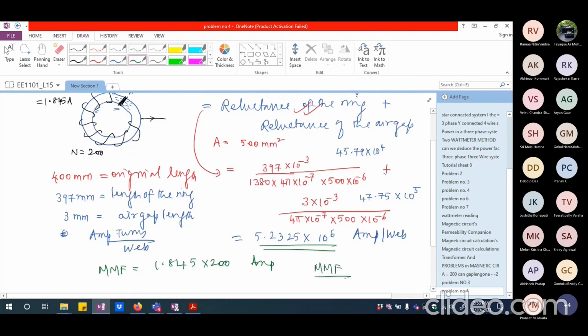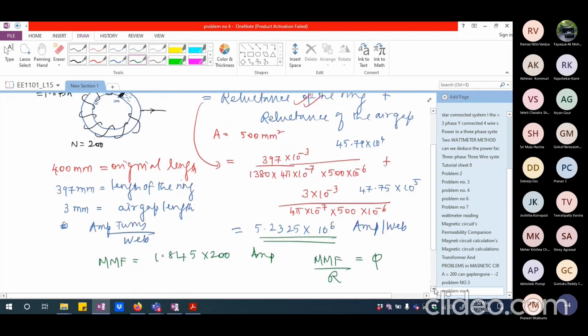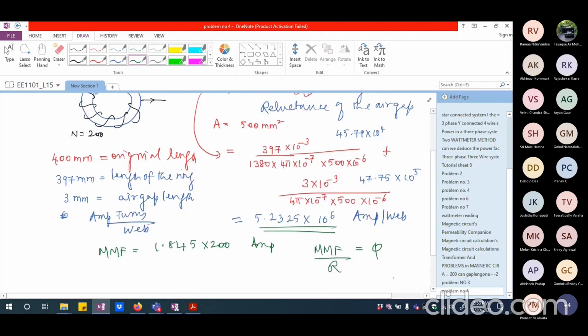So MMF divided by the reluctance is going to be flux. So this comes out to be 0.7052 microweber. Okay, so this comes out to be 0.7052 microweber.